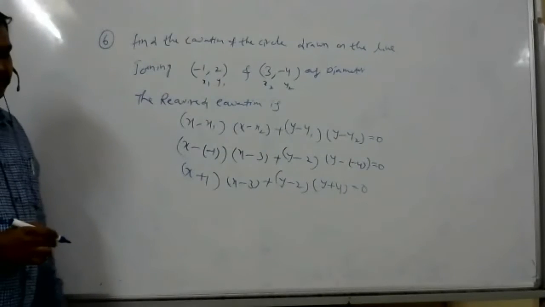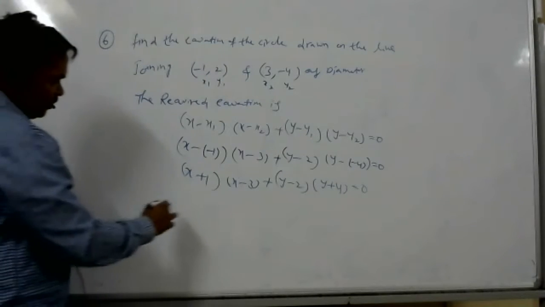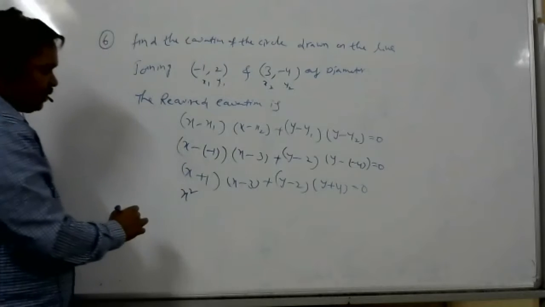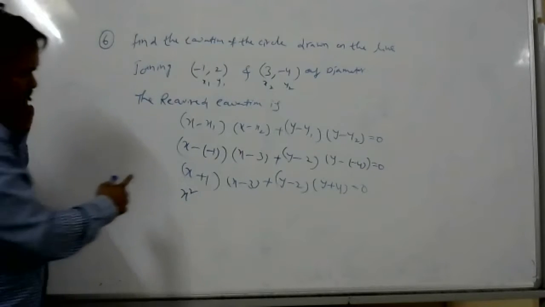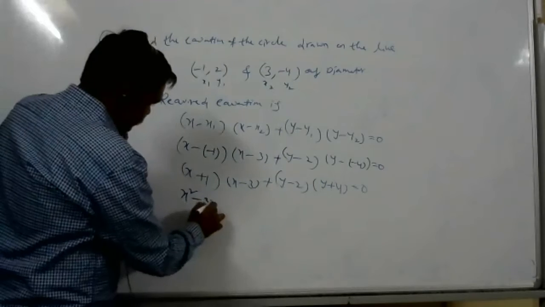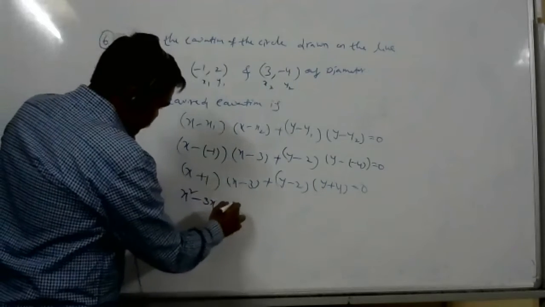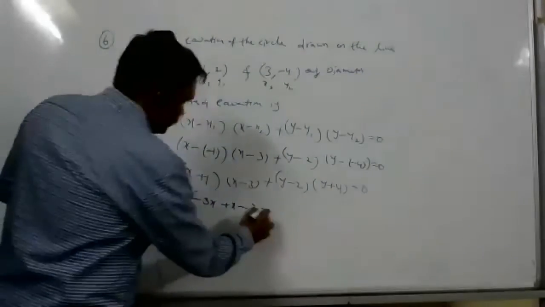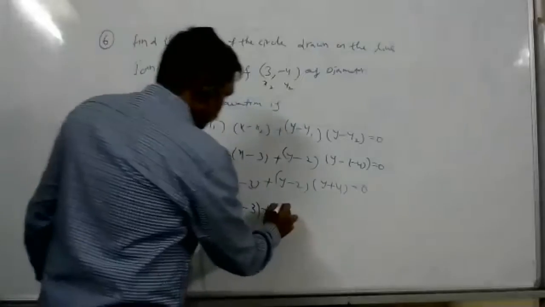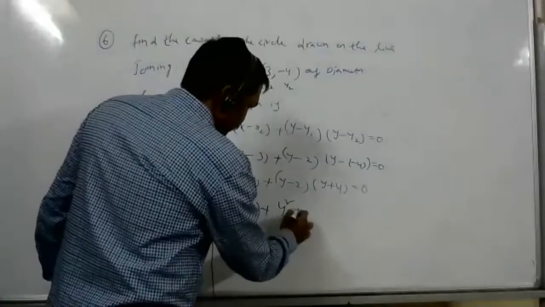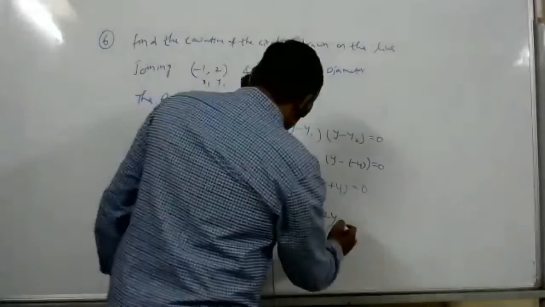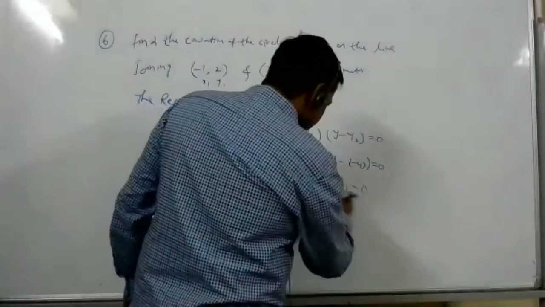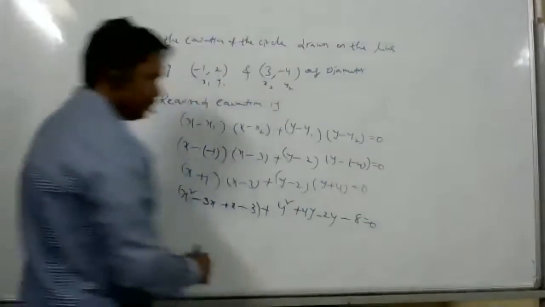After that, multiply: x square minus 3x plus x minus 3 plus y square plus 4y minus 2y minus 8 is equal to 0.